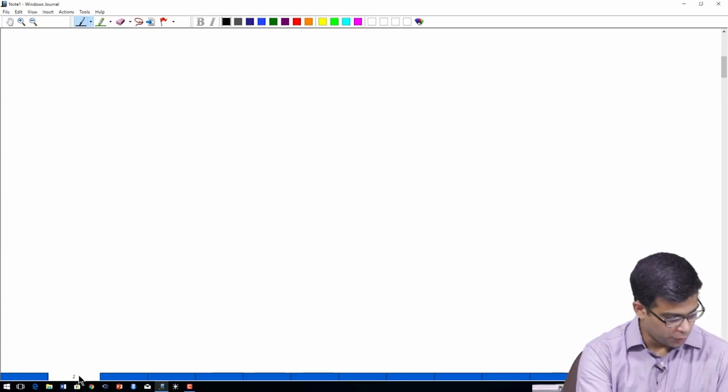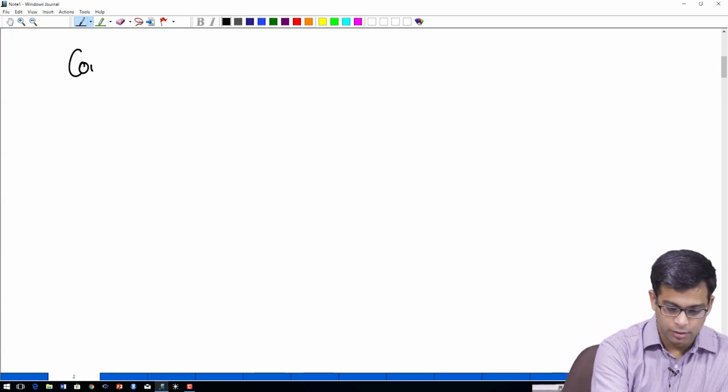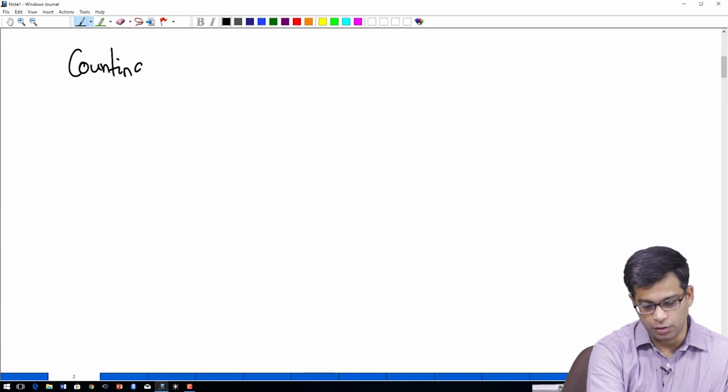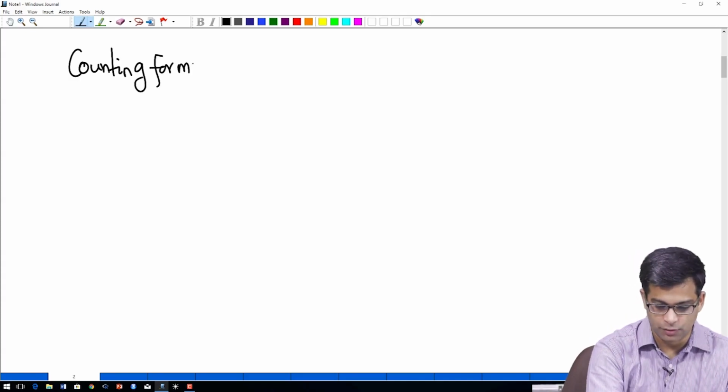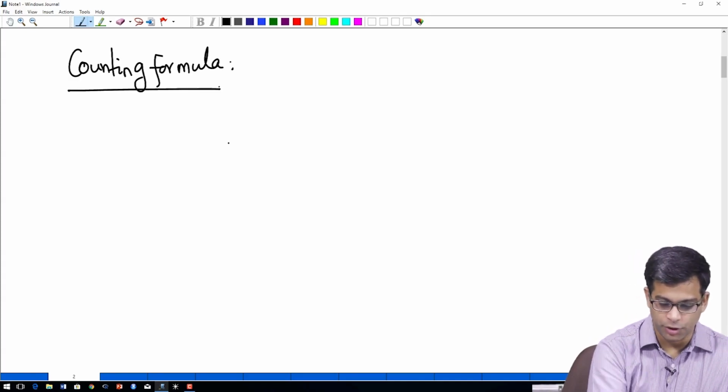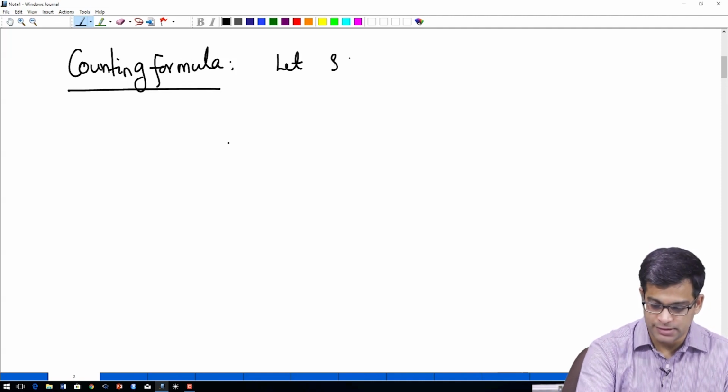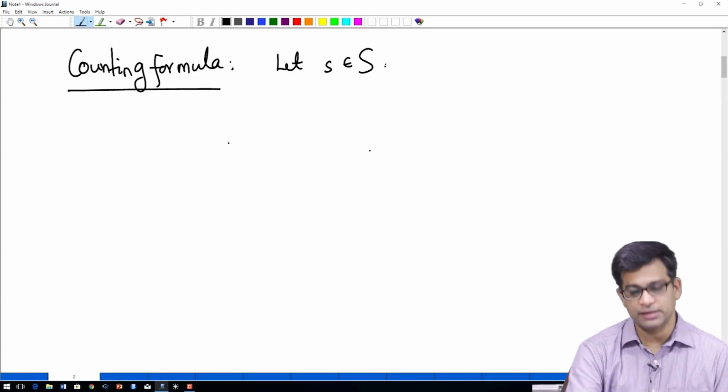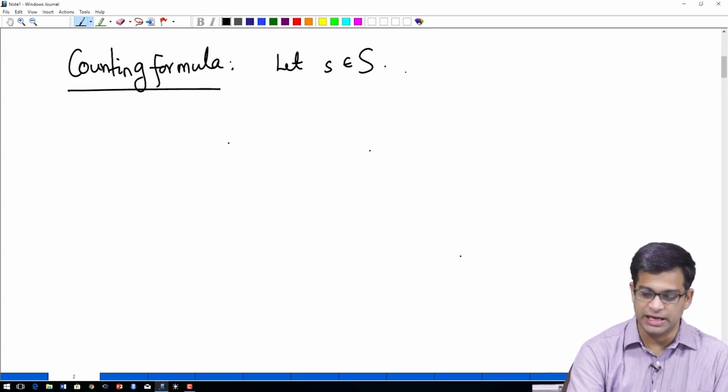The most important thing that we learned when we talked about group actions was the counting formula. Remember, let us say small s is an element of capital S, the set on which G acts.